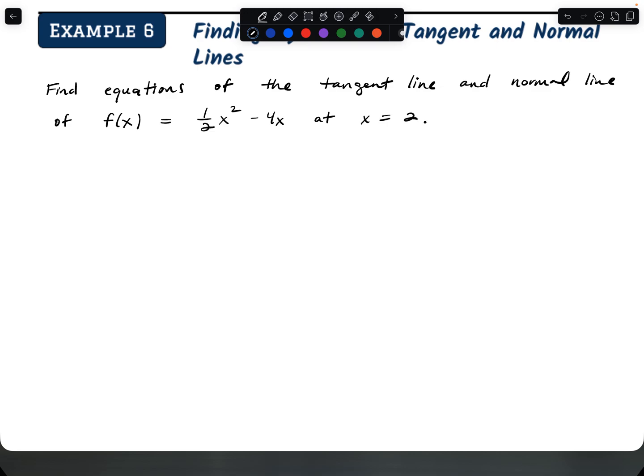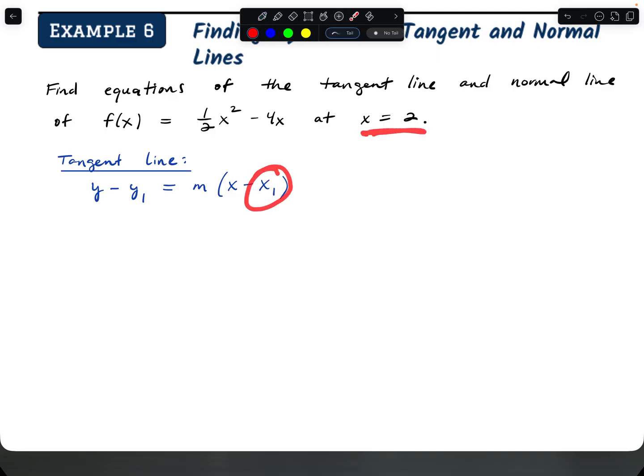Okay, so tangent line, remember, y minus y1 is equal to m times x minus x1. So remember the x1 is just whatever x value I tell you, so that's 2. The y1 comes from, if I take my x value and plug it in for x, that will give me y1. So I need to find y1 first. So right now, this is the only thing that I know.